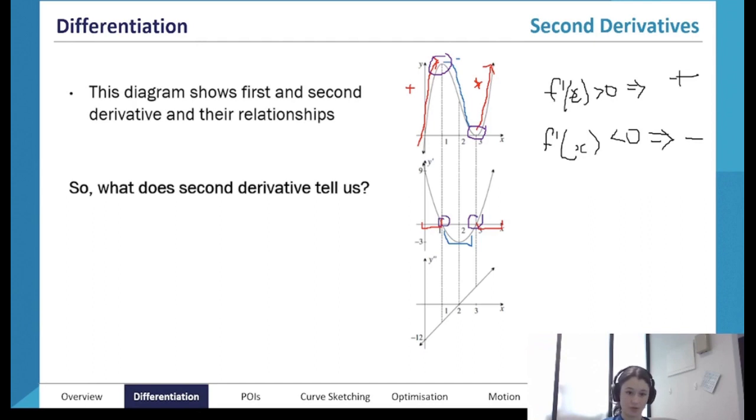So remember, how to find the x-intercept of a curve is when the y value of the curve is equal to 0. So when the derivative function is equal to 0, we have a stationary point.